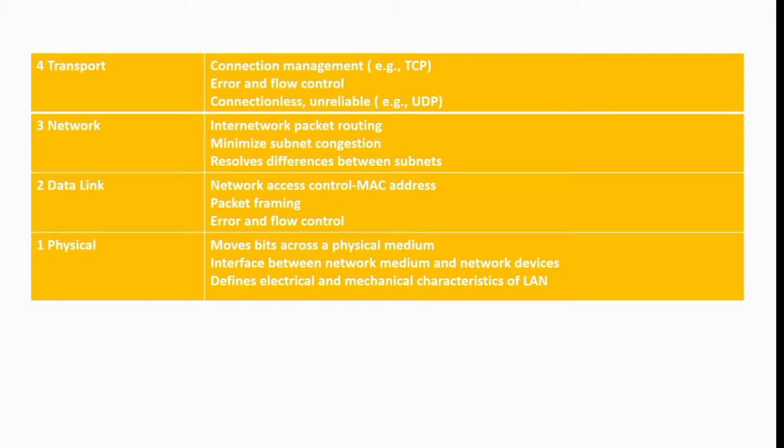Next, data link: network access control, MAC address, packet framing, error and flow control. Next, physical. Moves bits across a physical medium, interface between network medium and network devices. Defines electrical and mechanical characteristics of LAN.